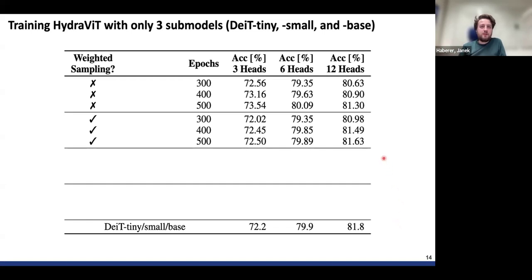And what we see then is that, first of all, compared to the respective non-weighted sampled HydraViT, the tiny accuracies are now worse, which is exactly what we would expect, right? Because now we are sampling these less often. The small model is somewhat comparable, and then the 12 head one is now quite nicely improved compared to without the weighted subsampling.